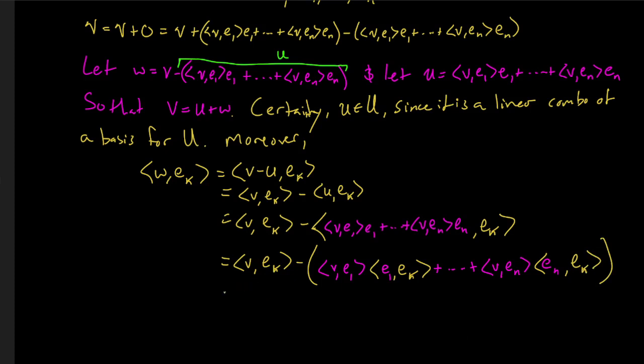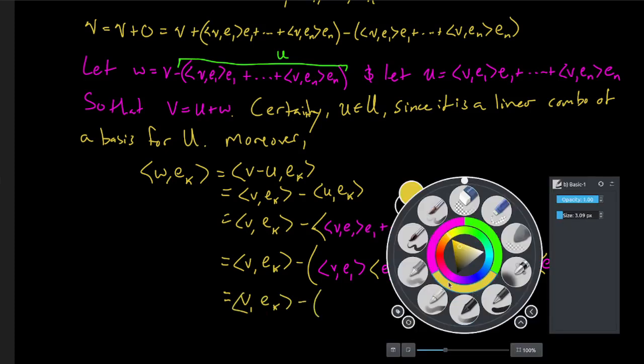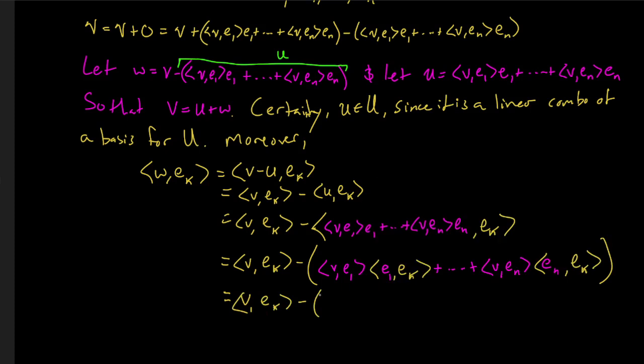Okay, cool. Now, all I have to do is notice that everything here is going to go away except for one of them, since this is an orthonormal basis. So what I'll end up getting is I'll get back V, EK, and then there's going to be an EK right here, and in the other color, switching now, I'll get an EK as well. Everything else is zeros.